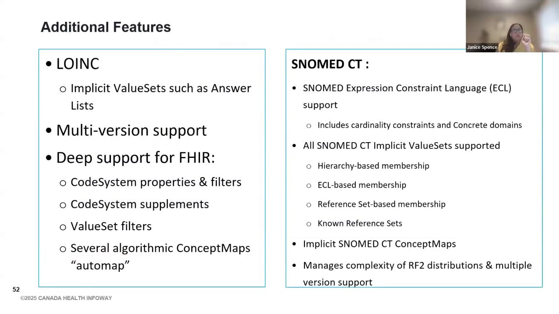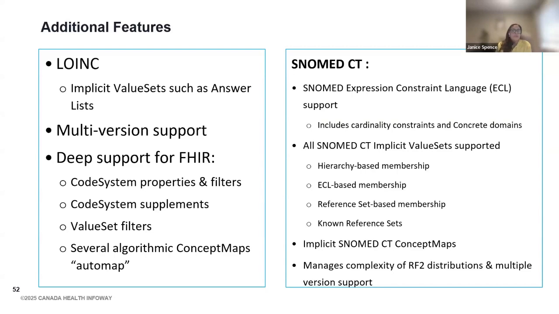So I just wanted to point out specifically some of the features that it supports when we talk about the main terminologies that we support, like LOINC and SNOMED CT. It has very rich support for SNOMED CT with embedded ECL support in, for example, the Shrimp browser. It supports SNOMED CT implicit value sets as well, which also supports a rich set of features, including ECL-based memberships, reference set memberships, all the SNOMED CT related features that you'd want from a fully FHIR-enabled system.